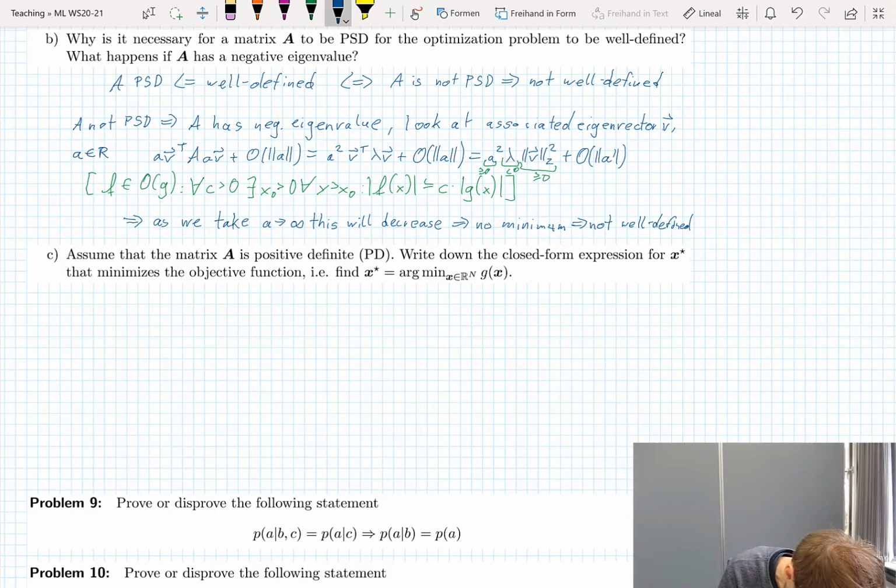Again, we look at the gradient. So like in problem 7, we just say, hey, let's look at the gradient. So the first derivative, d of x, we've already solved that, so I'll not go through all the details again. So this is a_kj x_j plus b_k.